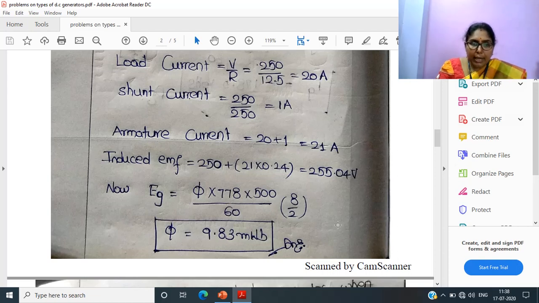But we are going to calculate the flux per pole. We know the equation E equals phi Zn by 60 into P by A. The E value is 255.04. By substituting all these and simplifying, we get phi equal to 9.83 milliwebers.